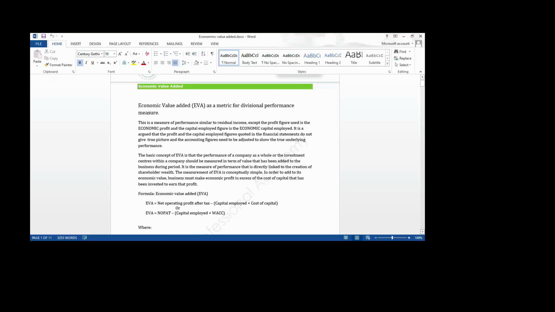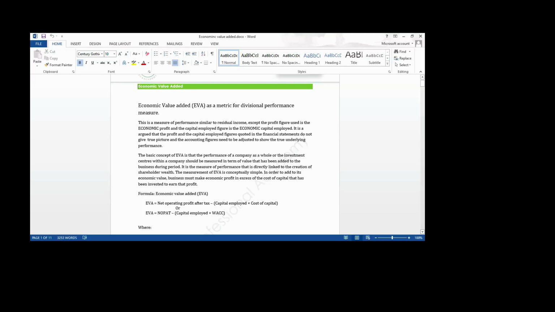But in real economic terms, no cash is involved. Hence, all the accounting assumptions under economic value added will be disregarded.